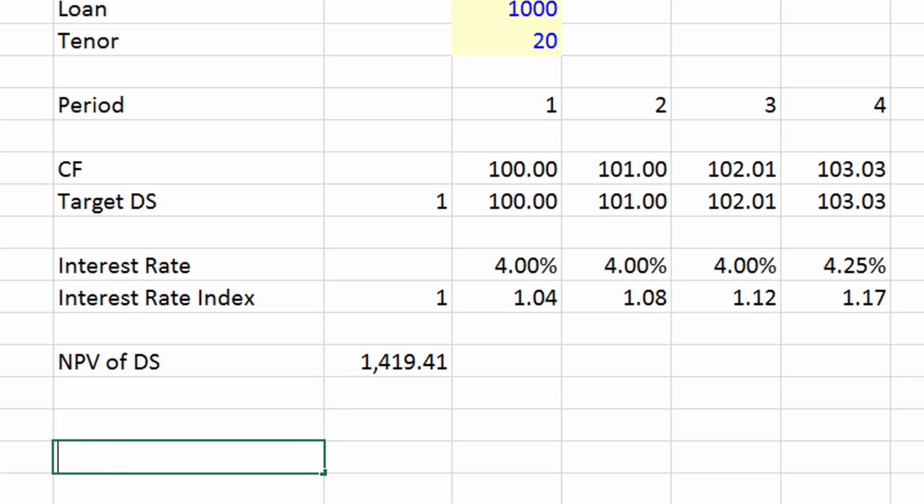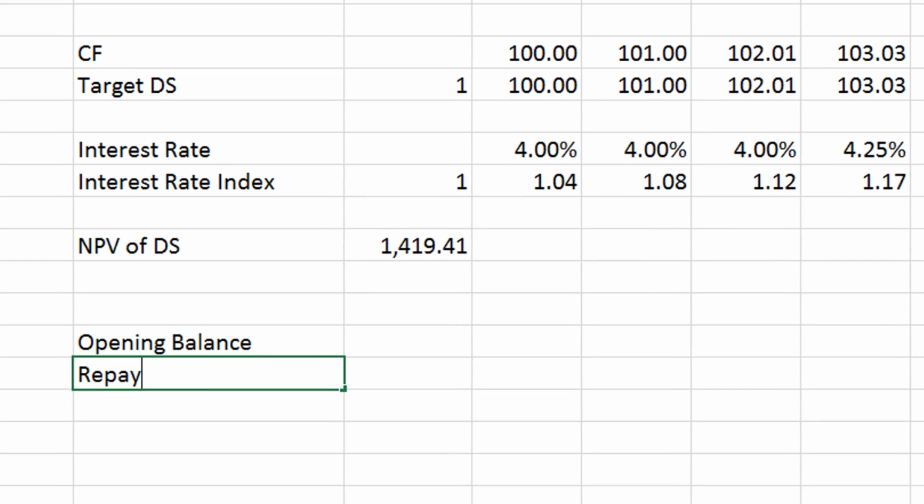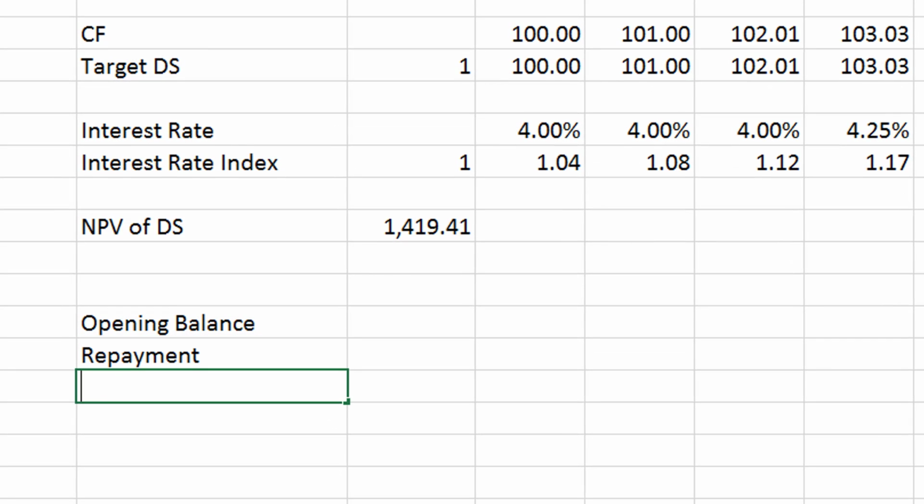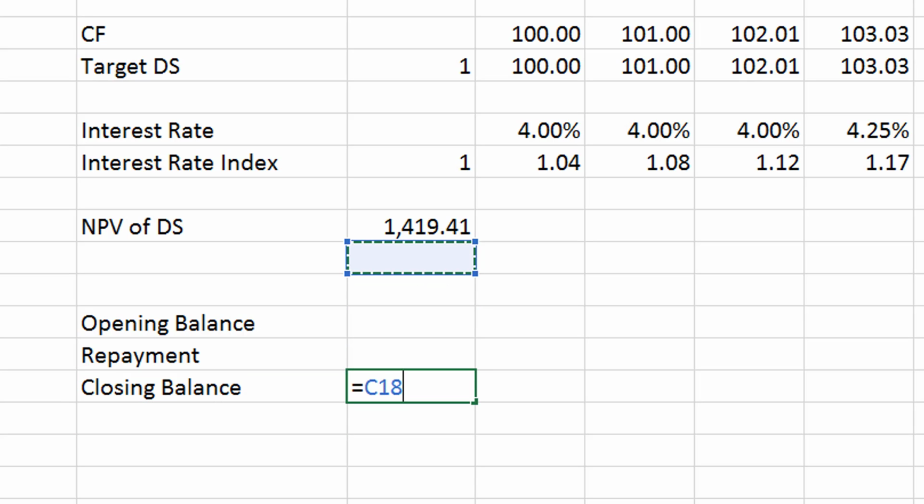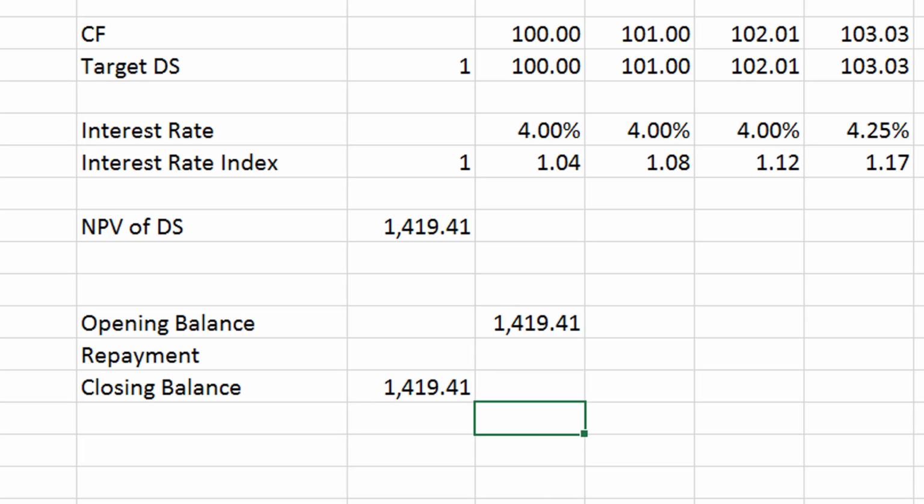So then we put an opening balance and put our repayment and our closing balance. And then we put our opening balance equal to our closing balance, and we put our interest.